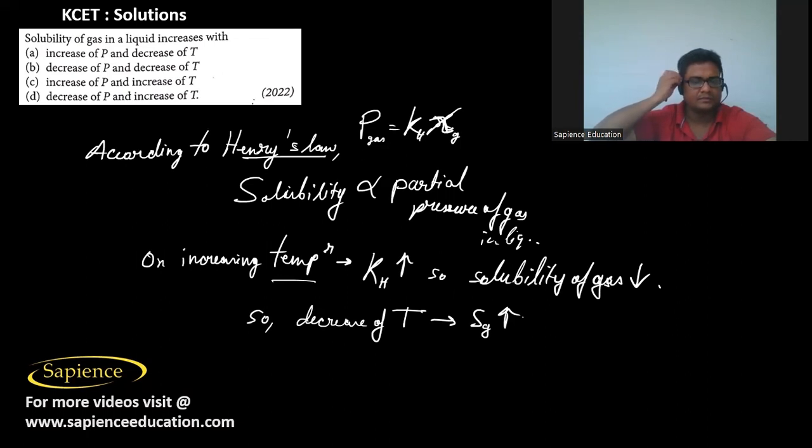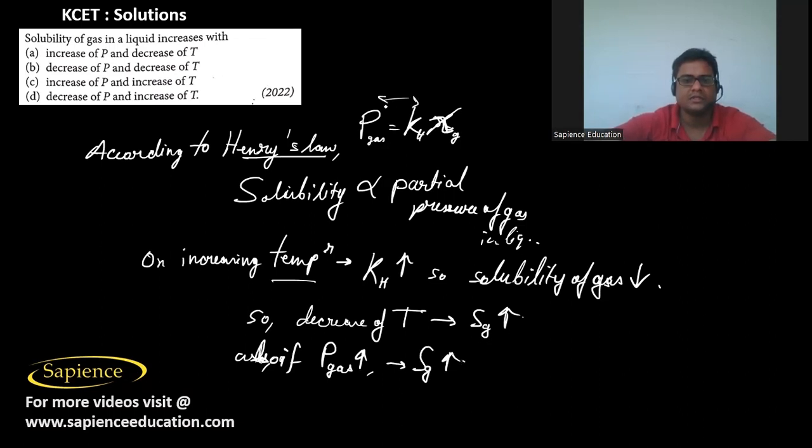And also, if the partial pressure of that gas is increased, then the solubility of the gas will also increase. Since the partial pressure of that gas is proportional to the mole fraction of that gas in the liquid, if the partial pressure is increased, the mole fraction in the liquid will also increase.